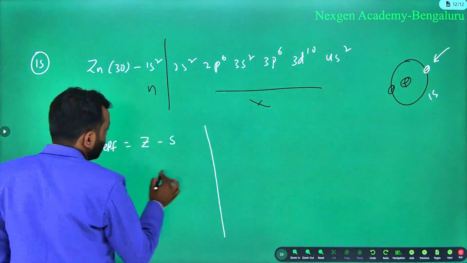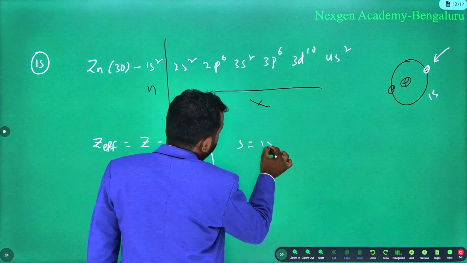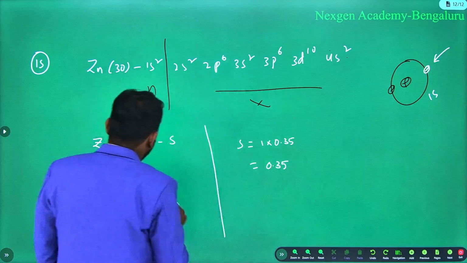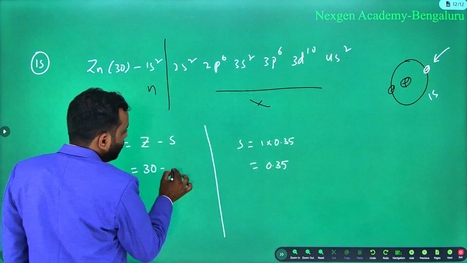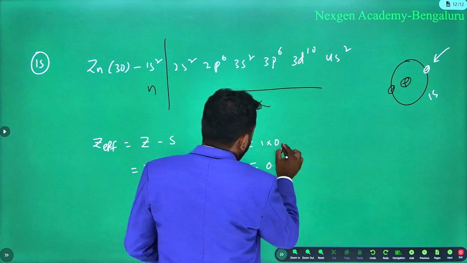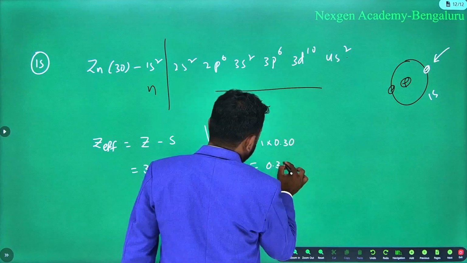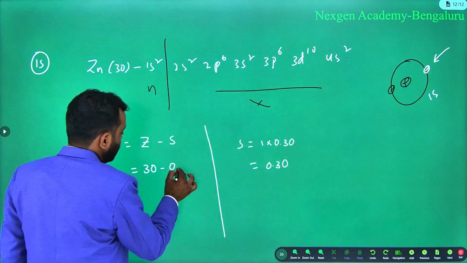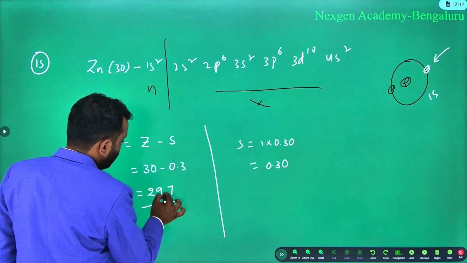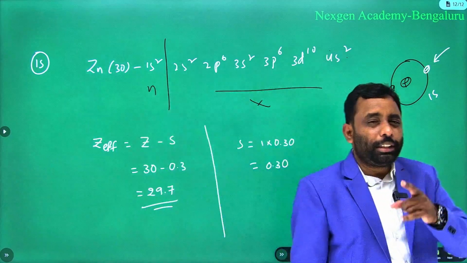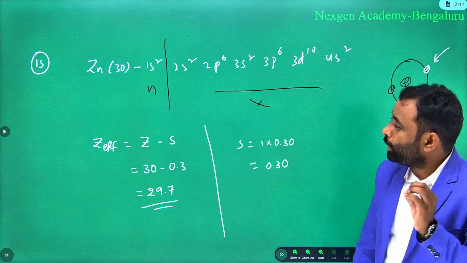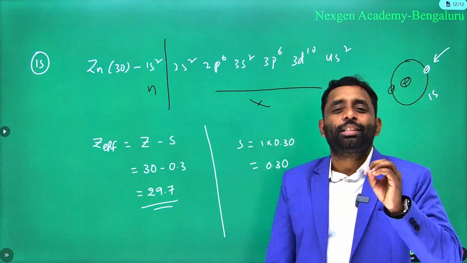Directly you take S equal to 1 into 0.30, and you subtract that from 30. So obviously you'll get 29.7. Clear, right? This is the way you need to calculate effective nuclear charge using Slater's rule.